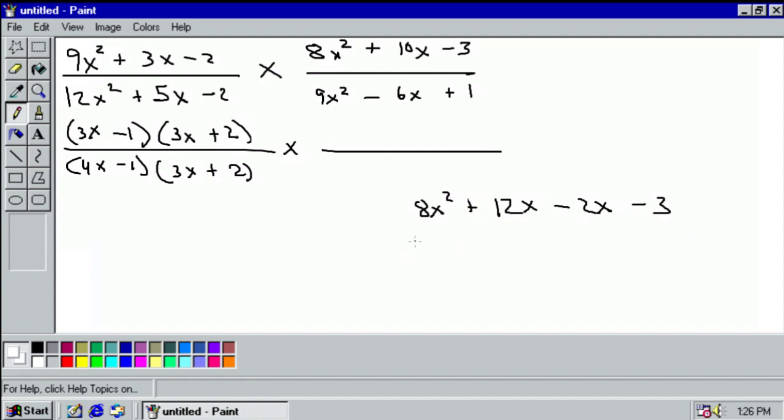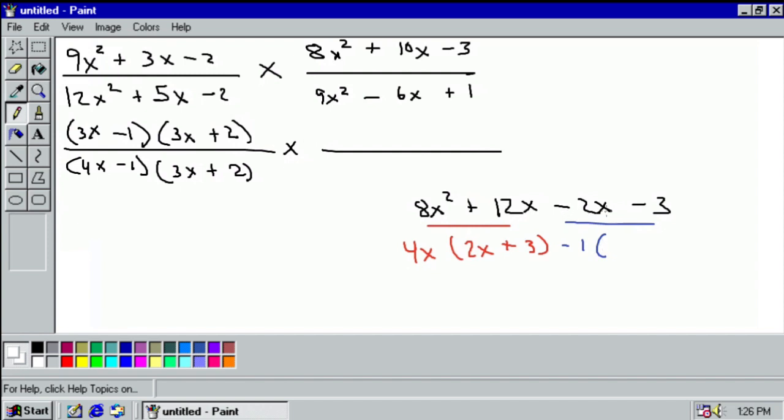So this one we have a common factor of 4x. Let's use a different color of pen. 8x squared divided by 4x is 2x. And 12x divided by 4x is positive 3. For the other one, we can have a negative 1.